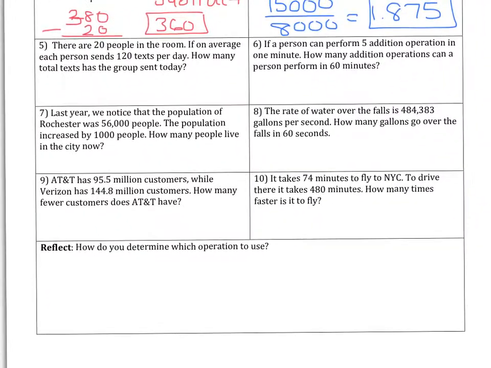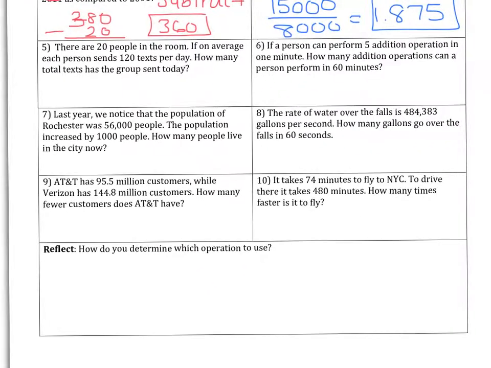Okay, number 5, 20 people in the room. If on average each person sends 120 text messages per day, how many total texts? So if each person is sending 120 messages and there's 20 people in the room, we're going to multiply. So 120 times 20 is 2,400.